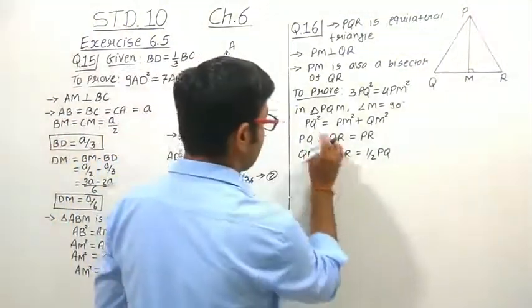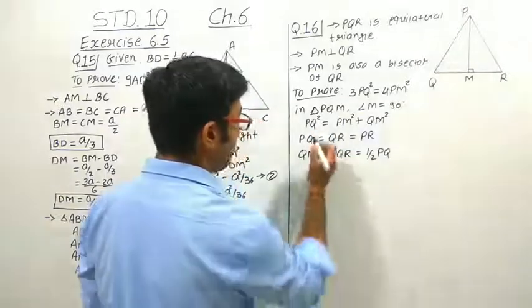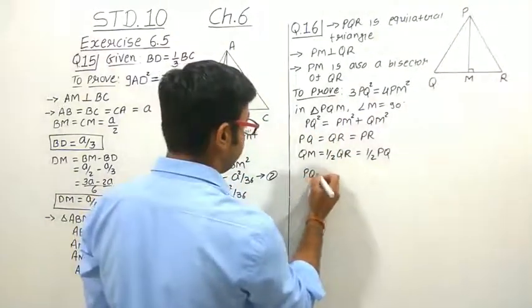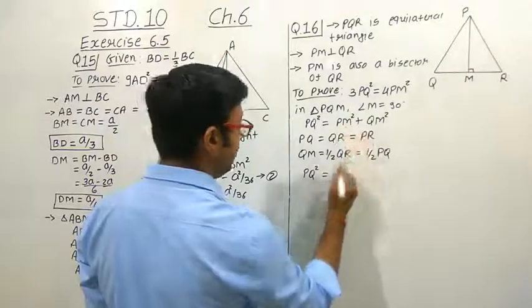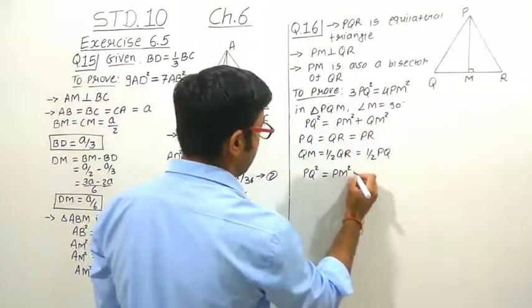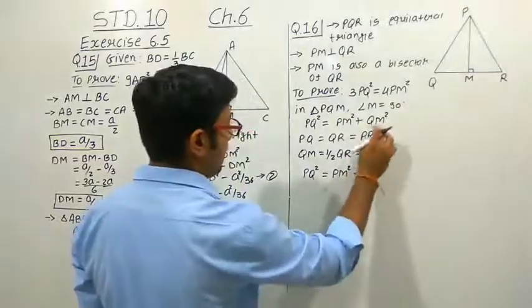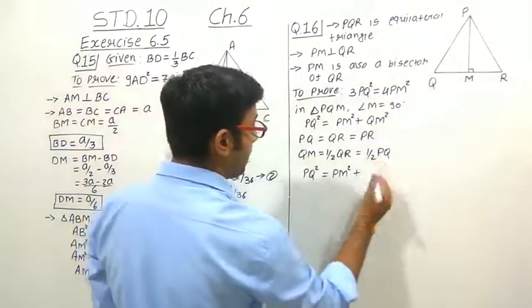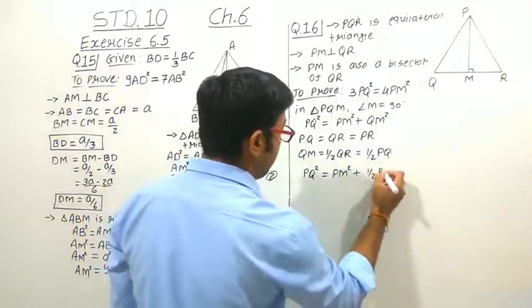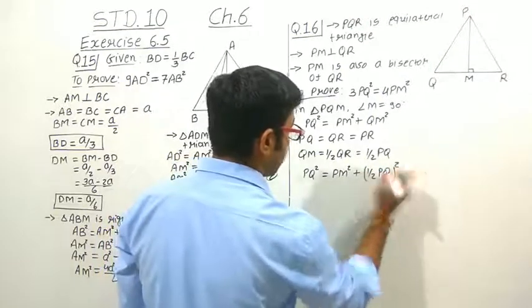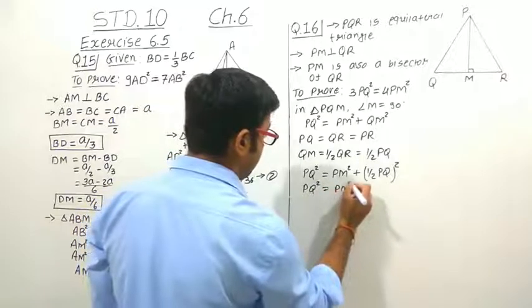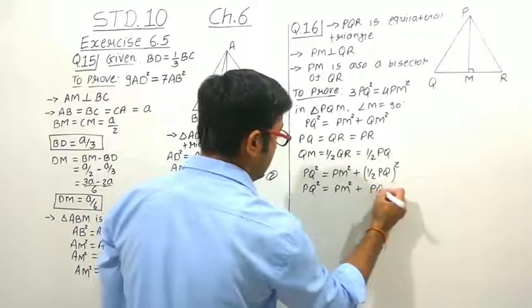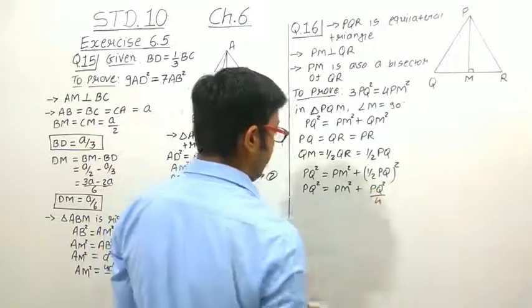So let us put these values in this equation. So here we have PQ square is equal to PM square, as it is, plus QM square. QM is now 1 by 2 PQ, so 1 half of PQ whole square. So here we get PQ square is equal to PM square plus PQ square upon 4.